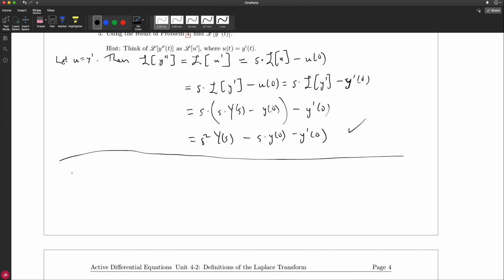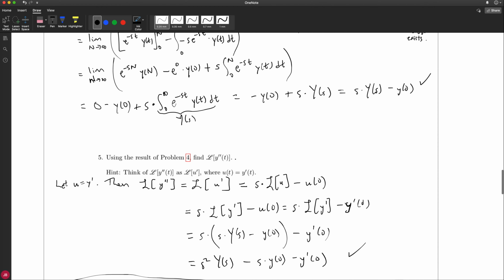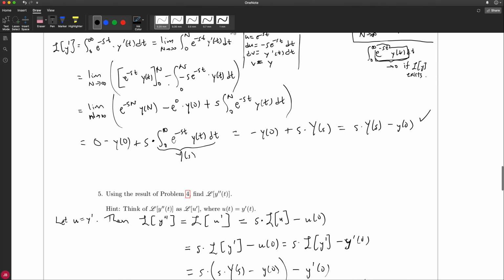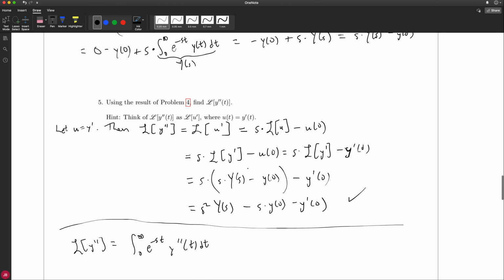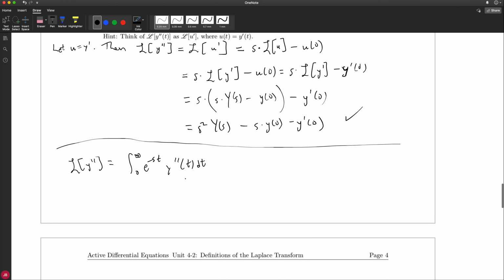What you would do is if you wanted to find L of y double prime, that's the integral 0 to infinity e to the minus st y double prime of t dt. Now you would have to do integration by parts twice, but you can see how messy it gets with integration by parts once, right? Look at all of this. Just imagine how messy that would be doing integration by parts twice.